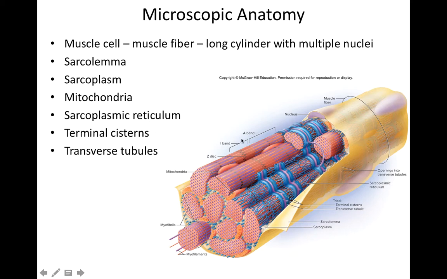Between two terminal cisterna, here and here, is going to be what's called a transverse tubule. There are going to be openings on the sarcolemma that lead into these transverse tubules. So here you can see one without anything in it.